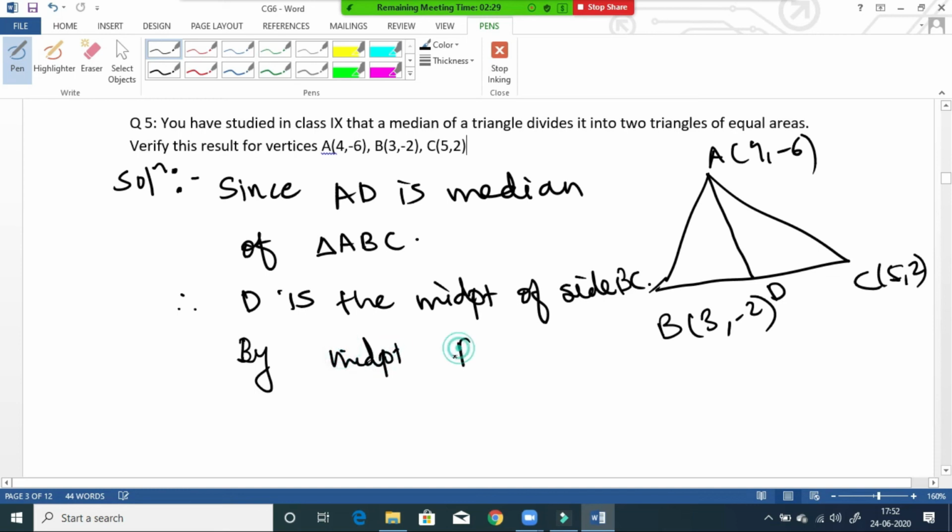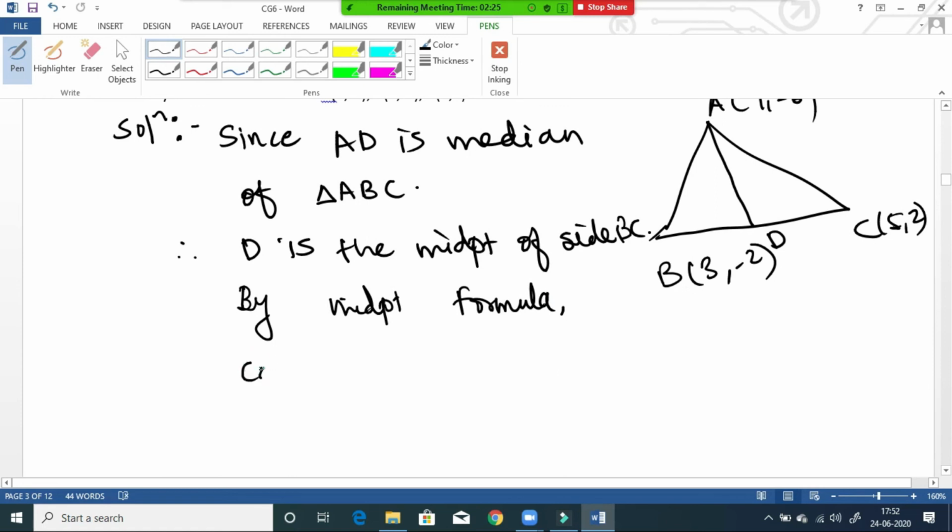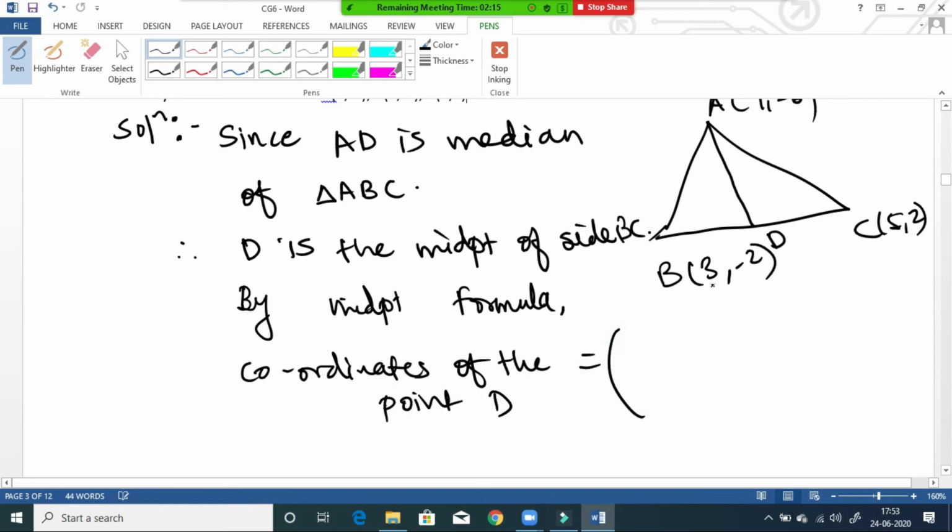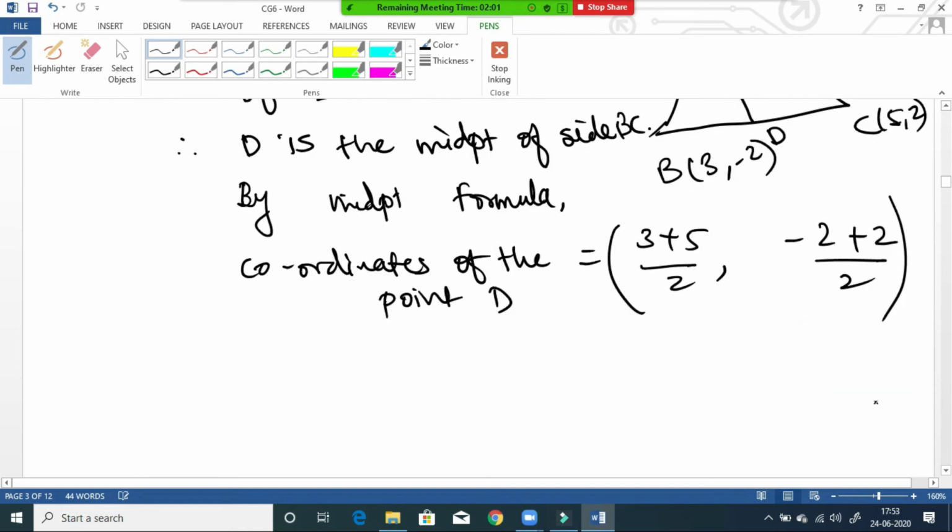So by midpoint formula, coordinates of the point D is equal to, x1 plus x2 by 2 comma y1 plus y2 by 2. So 3 plus 5 by 2 comma -2 plus 2 upon 2. So that is equal to 3 plus 5 is 8 by 2 comma -2 plus 2 is 0 by 2.